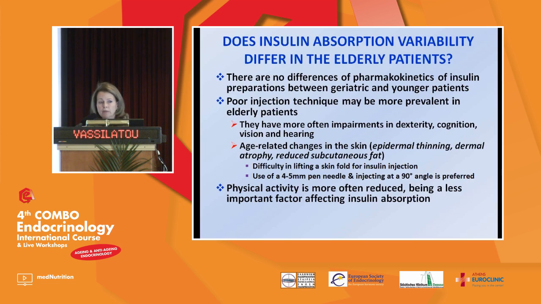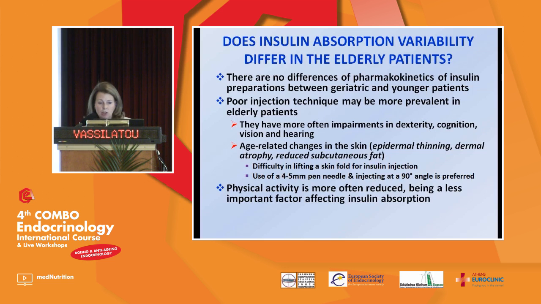And does insulin absorption variability differ in elderly patients? There is no difference in pharmacokinetics of insulin preparations between geriatric and younger patients. But poor injection technique may be more prevalent in elderly patients. They more often have impairments in dexterity, cognition, vision, and hearing.